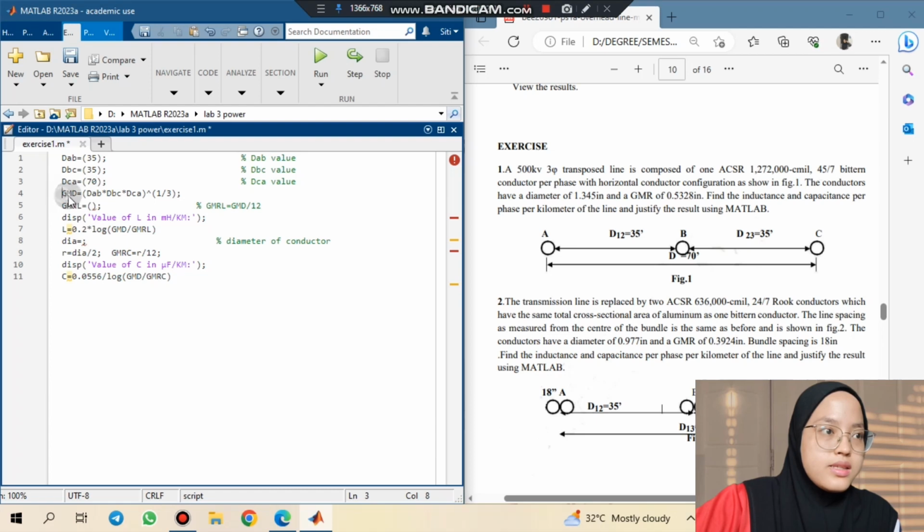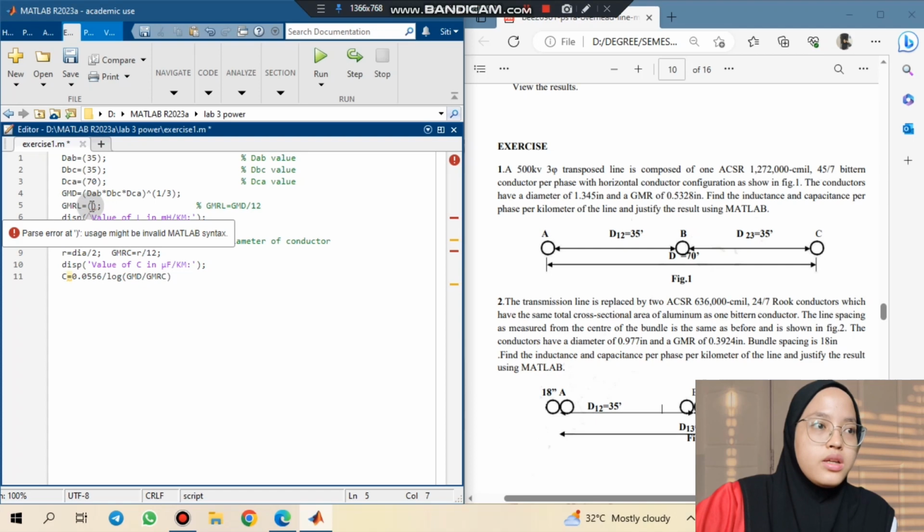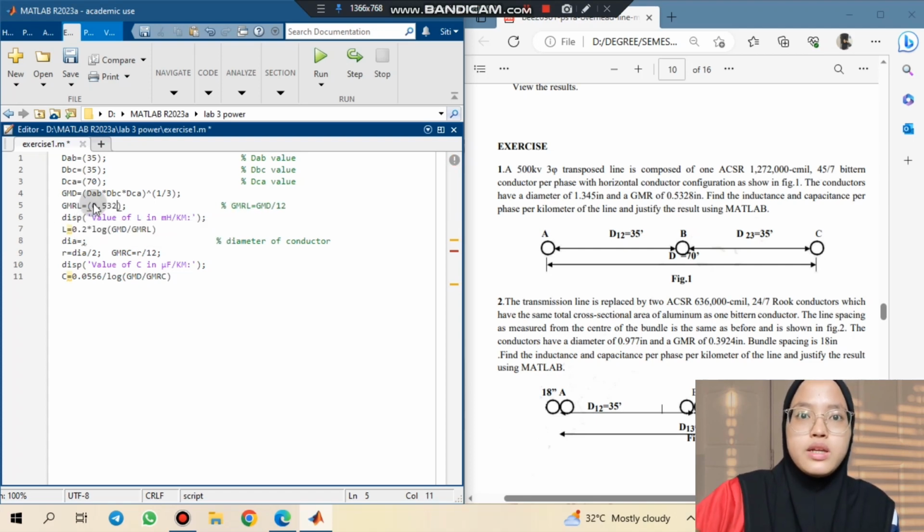Next, the GMD is equal to DAB times DBC times DCA to the power of 1/3. And then the GMRL value. From the question, we can see the value of GMR is 0.5328 inch, so we're going to divide the value 0.5328 inch by 12.